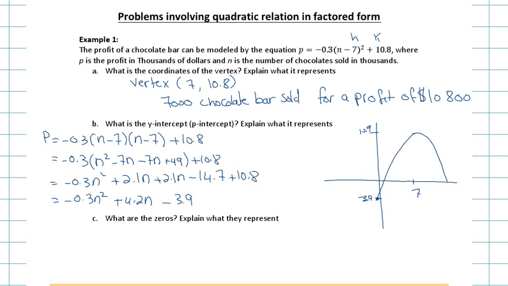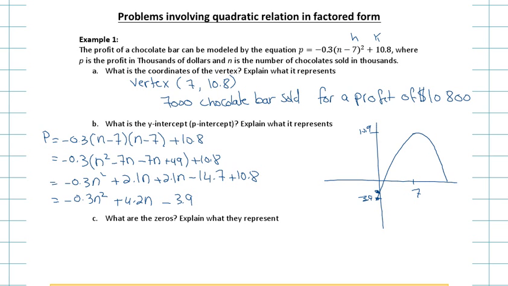So what does that negative 3.9 tell me? Yes, that's my profit when I sell how many chocolate bars? Zero chocolate bars.